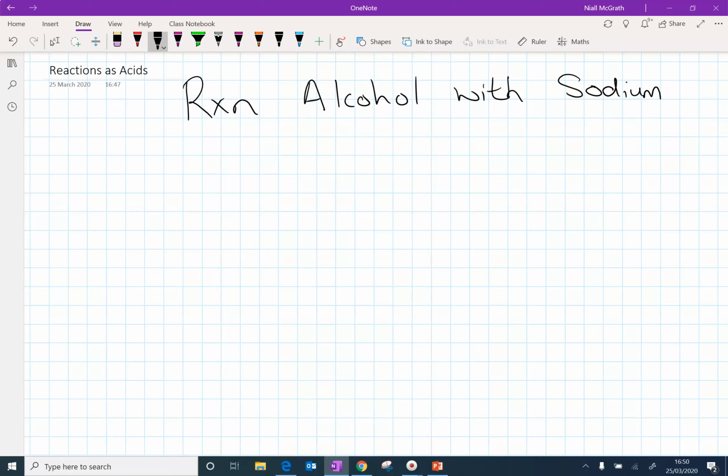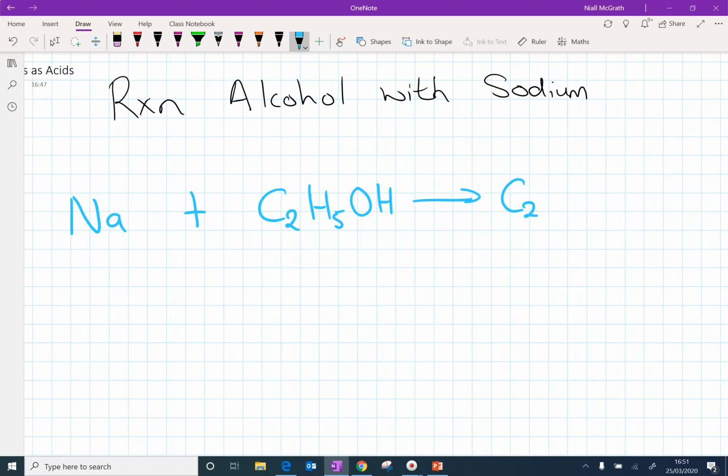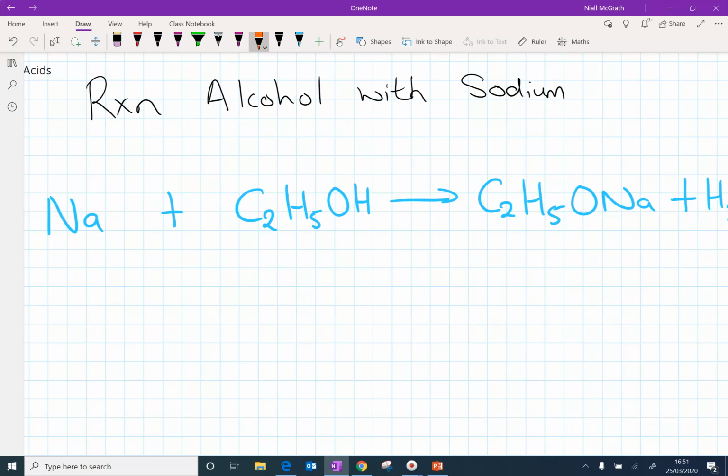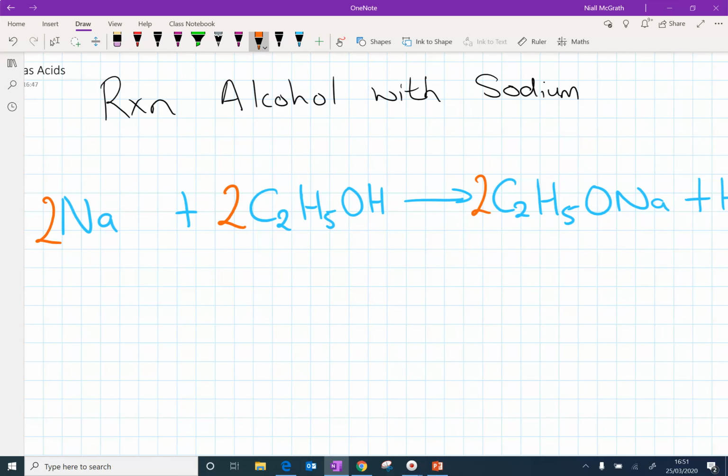So we have Na plus C2H5OH, and that gives us C2H5ONa and plus hydrogen as well. Okay, in order to balance that, then we need 2, 2, and 2.